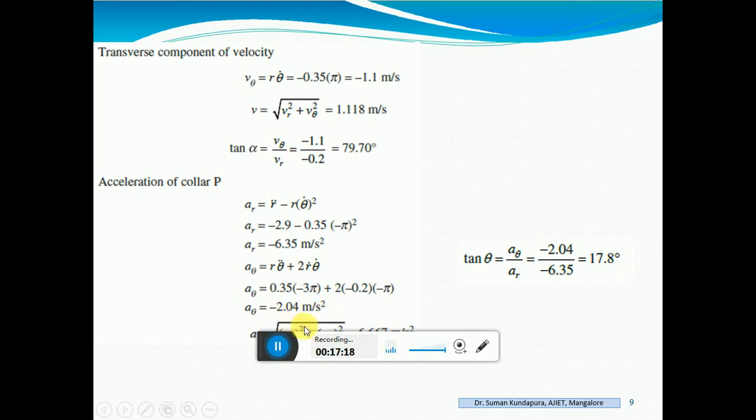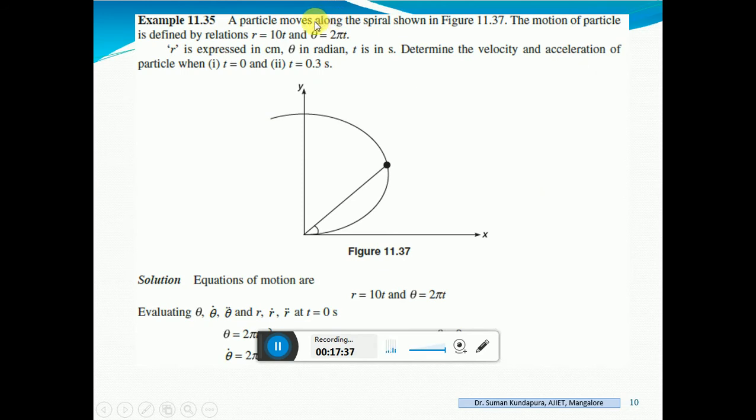Substitute in the basic equation of total acceleration, AR square and A theta square, and you will get the answer. Then find out the angle for this. A theta divided by AR, 17.8 degrees you will get. Okay. Next problem.